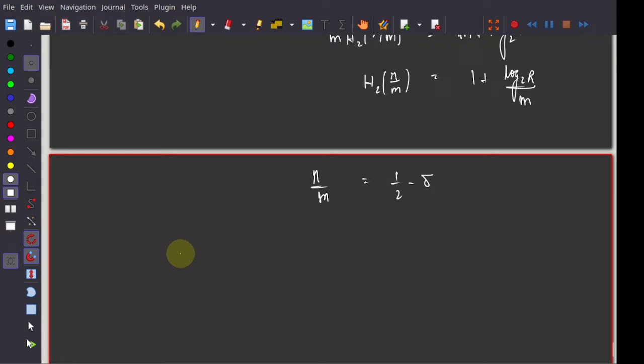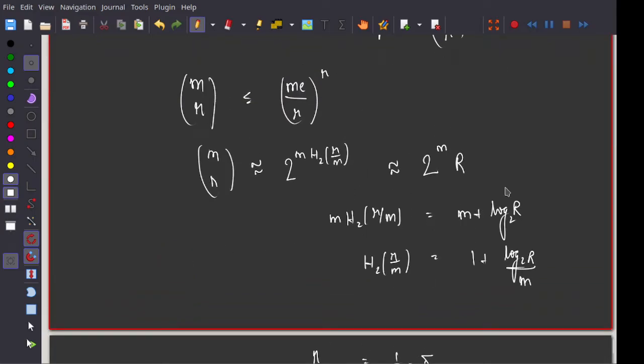So what does that tell us about the minimum distance? Any questions? Capital R is the rate that we're targeting. It's binary, right? It's 1 bit per dimension.